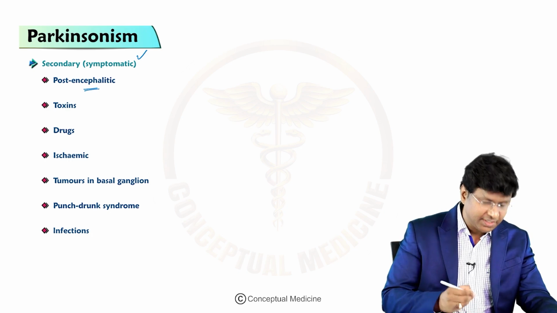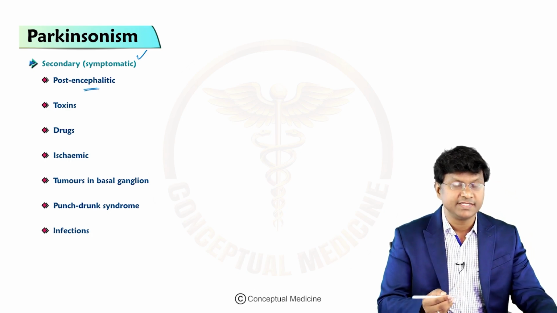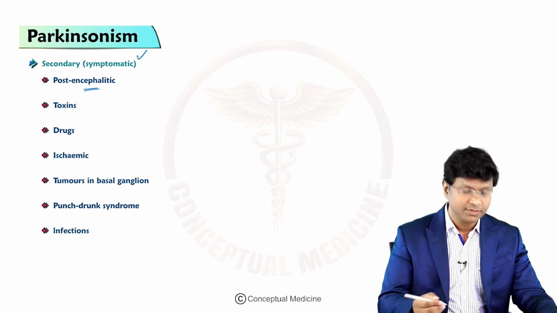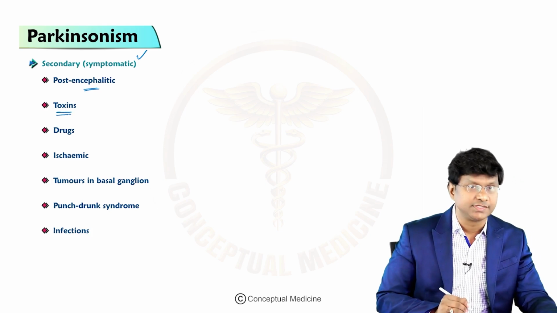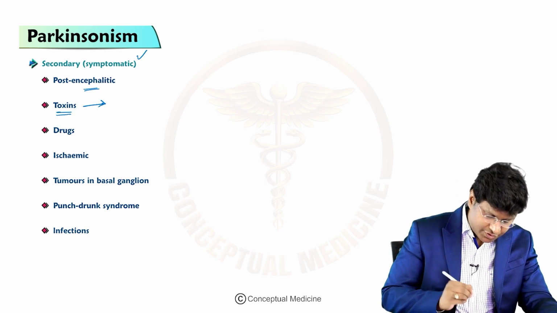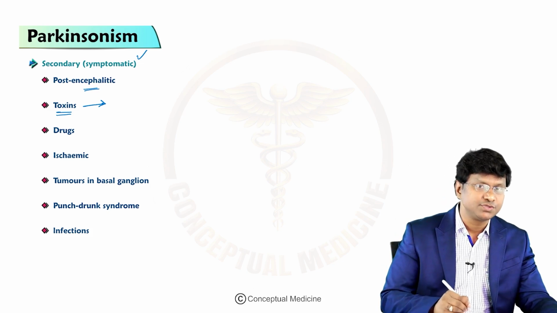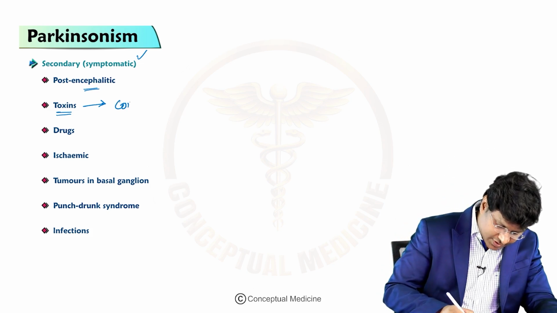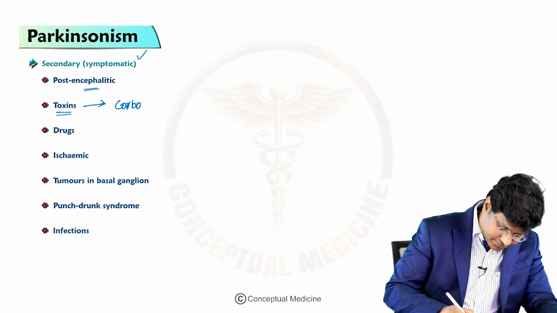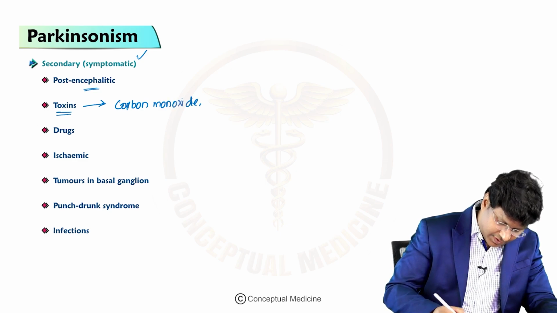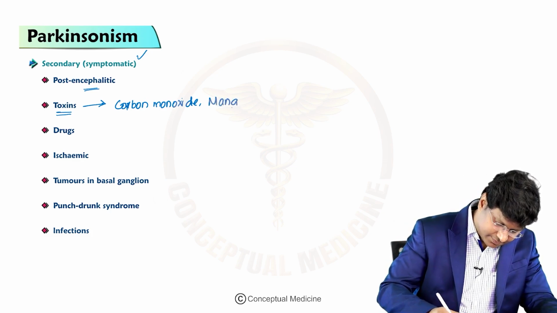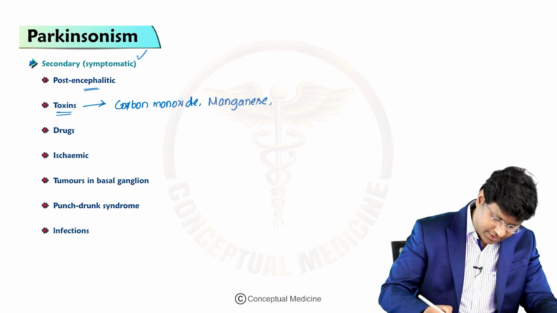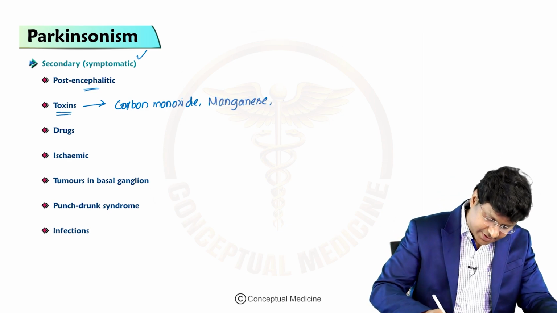Parkinsonism can be secondary to encephalitis, which is called post-encephalitic Parkinsonism. It can be secondary to toxins. What are the toxins which cause Parkinsonism? They include carbon monoxide, the second important substance is manganese, and the next is MPTP.